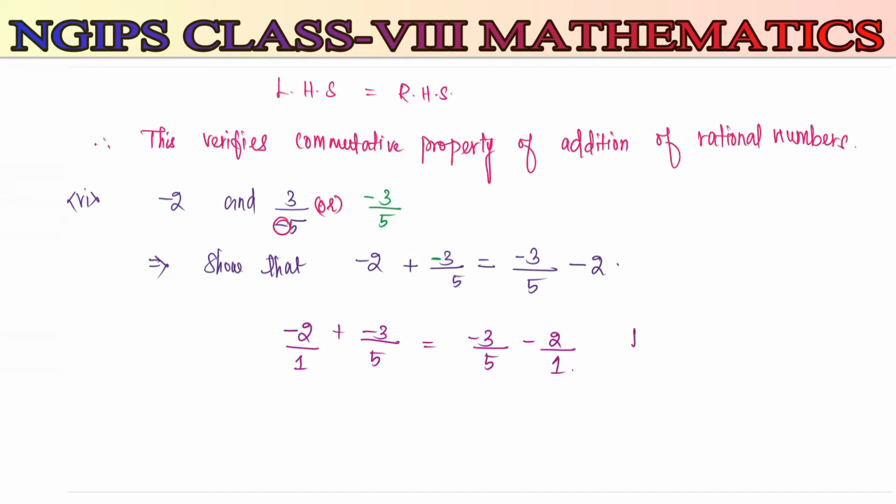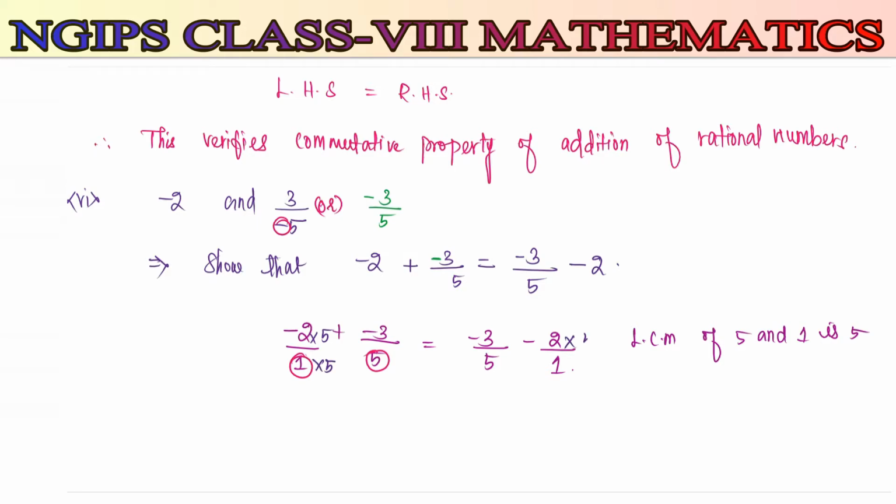So here the LCM of 5 and 1 is 5. For 1 and 5 the value is going to be 5. So I can multiply both numerator and denominator by 5 to get the denominator as 5.